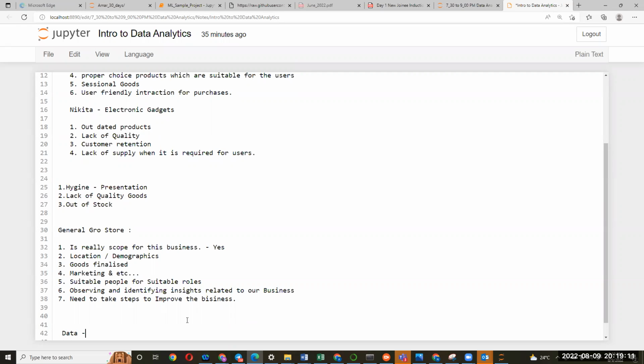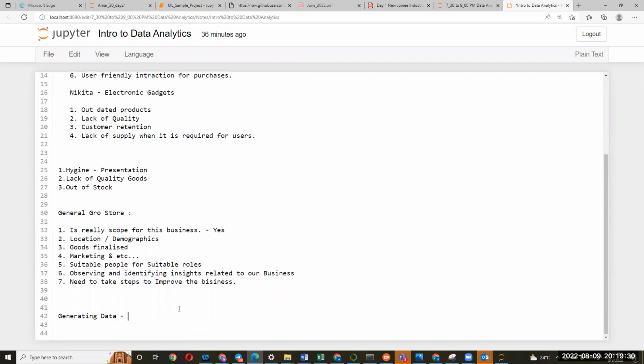We'll have data. It didn't come directly, it didn't come from space, right? We'll create the data. From where will we create the data? From business transactions, from customer information, from sales data. All those things are generating the data.